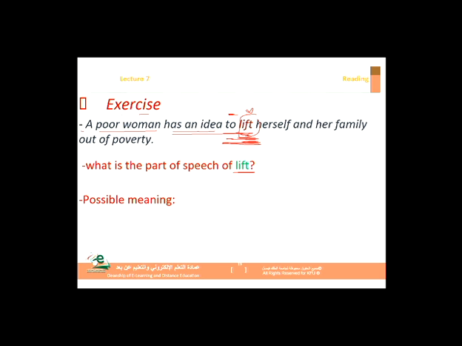All right, now what is the verb that we can use in place of the word lift to make the meaning correct and intact? So a poor woman has an idea to do something to herself and her family out of poverty. So what is that? Do you think that that woman has an idea to make her family poorer? Of course, this is not really logical.